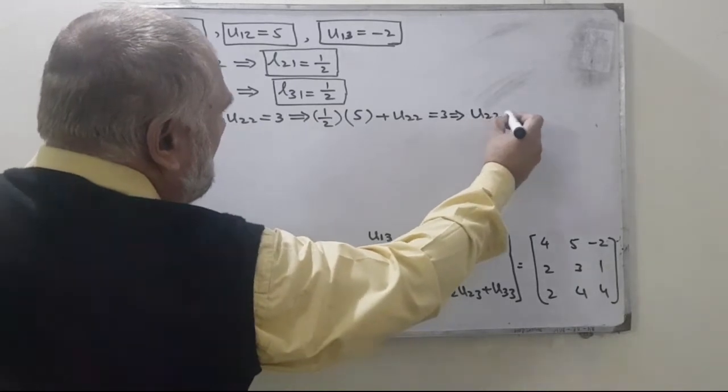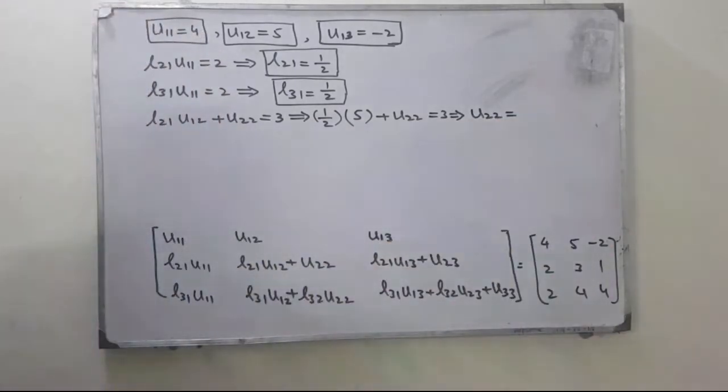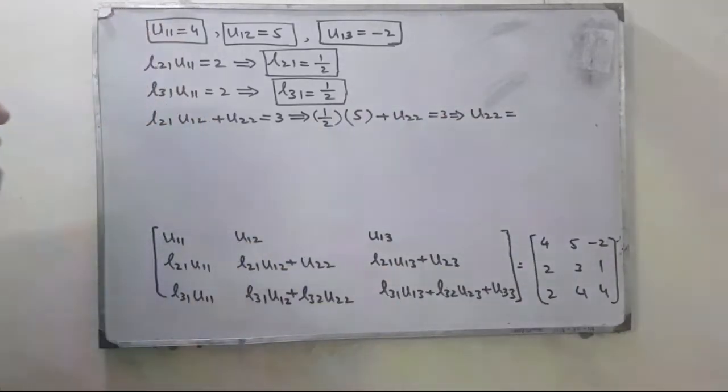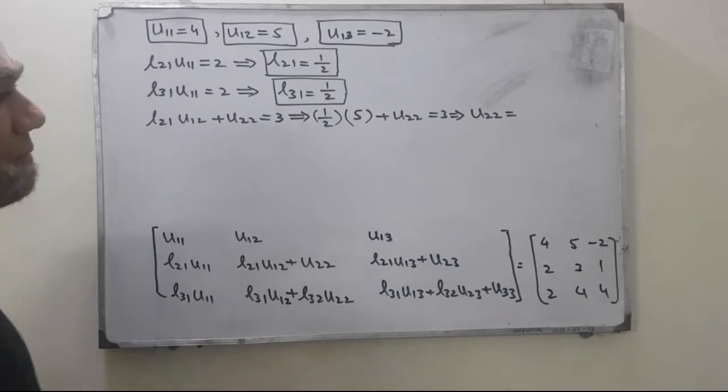On transferring the constant from the left side to the right side and taking the difference, it gives U22 equals 1 by 2.